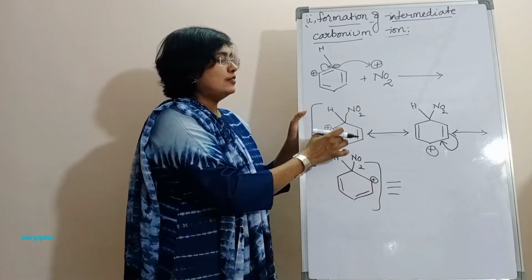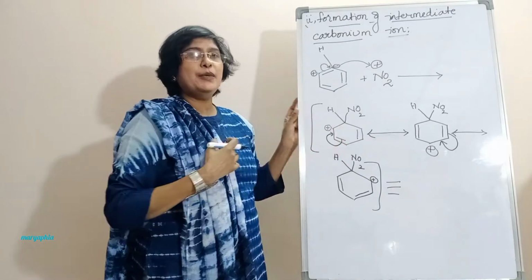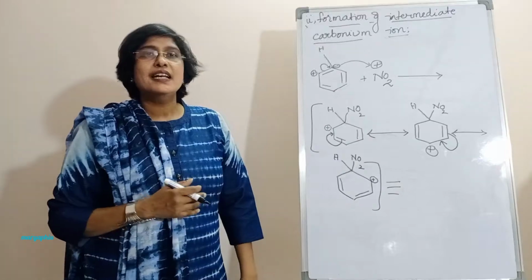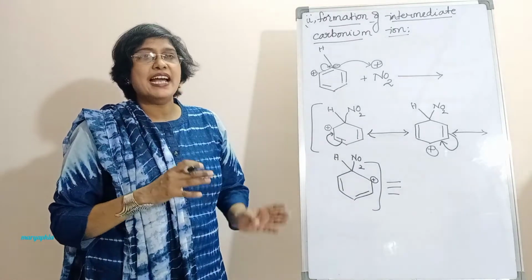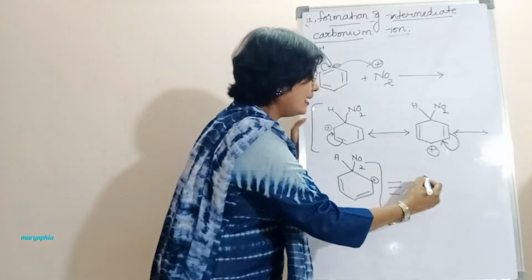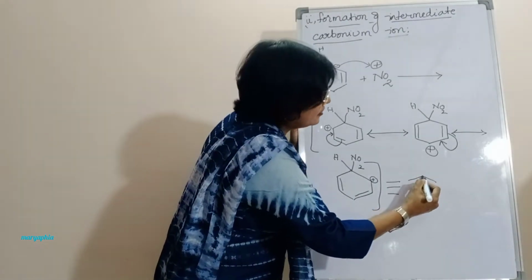Okay. So now this is the carbonium ion, the intermediate carbonium ion, which will be stabilized by the three resonating structures, and these three resonating structures are represented by the resonance hybrid.